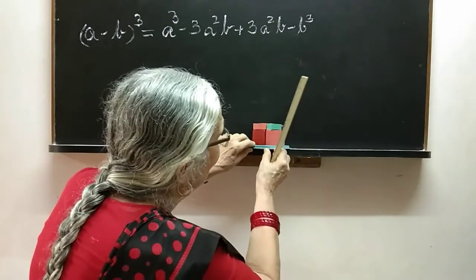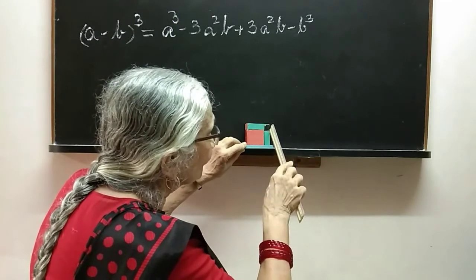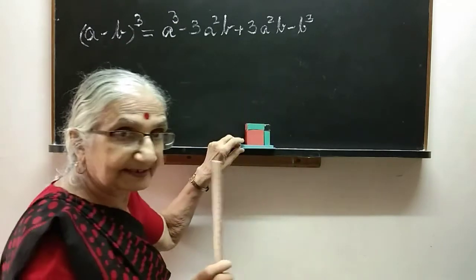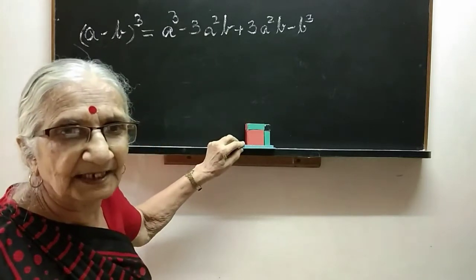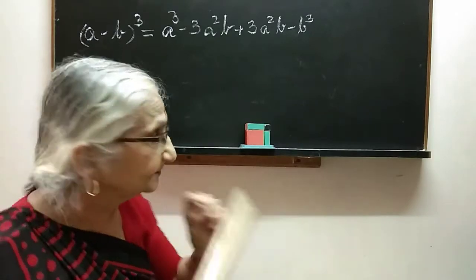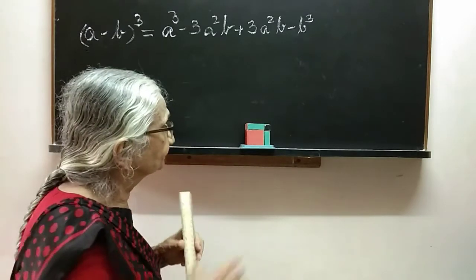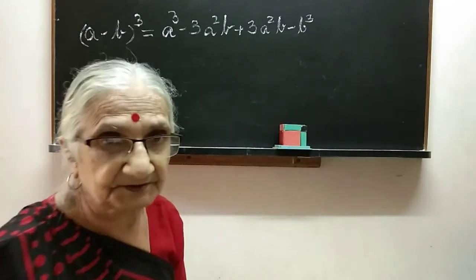Then this is b. We don't know anything about this length now, remember that. We do know it is a minus b, but that will not help us in removing and adding. But we'll do something about it. Well, alright, with this much in the background, we start.